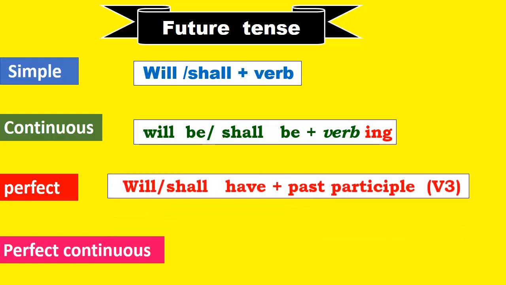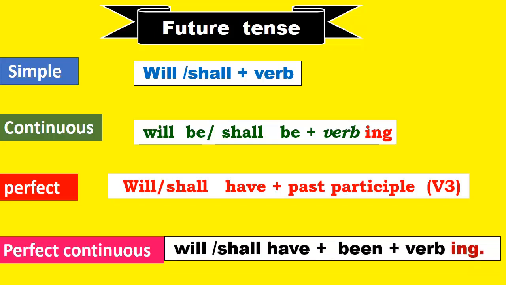Now for future perfect tense, again will have or shall have plus past participle, that is V3 form. For future perfect continuous tense, will or shall have plus been plus verb followed by ing. So remember children, past participle means V3 form and base form means the main form.